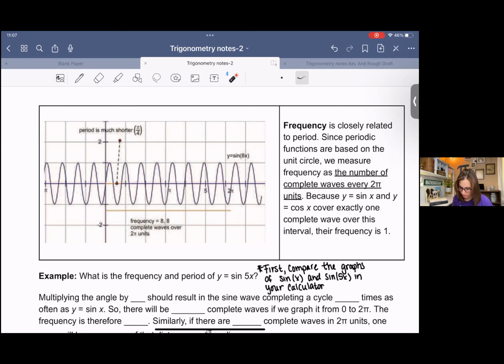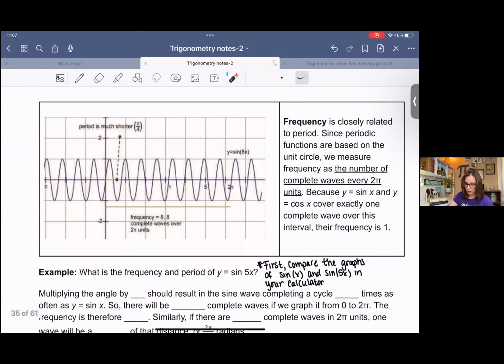We have, this is sine 8x. And so we're trying to figure out for the frequency, how many waves exist in this region. And so you would go 1, 2, 3, 4, 5, 6, 7, 8. 8 waves exist in that space.